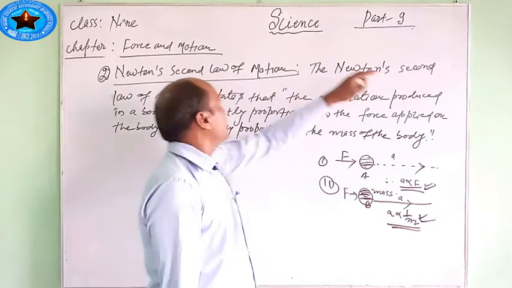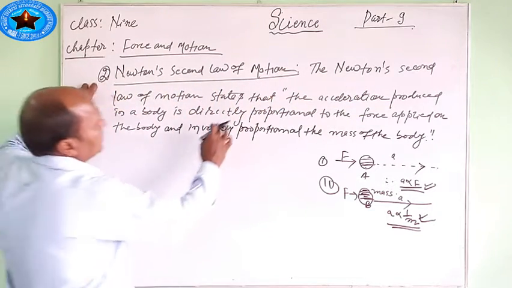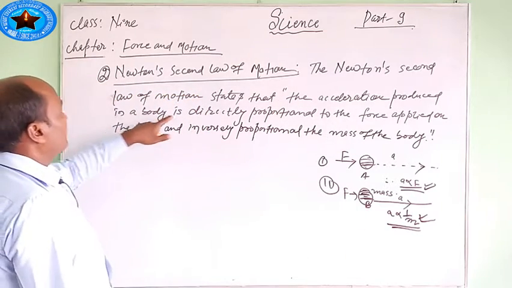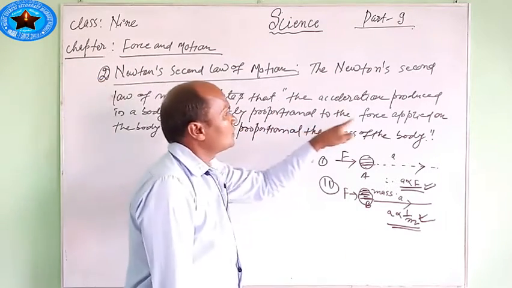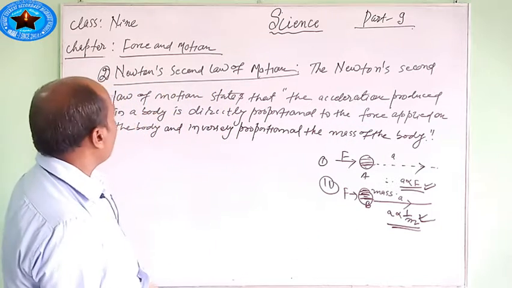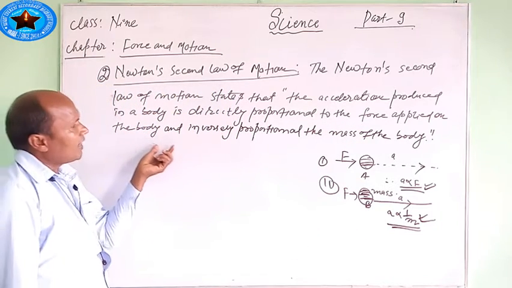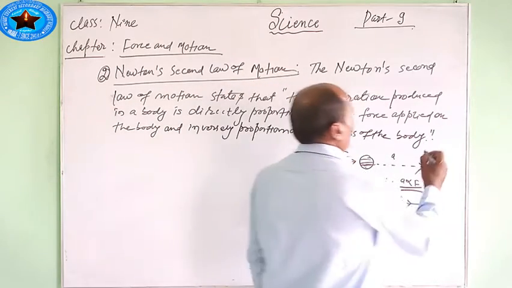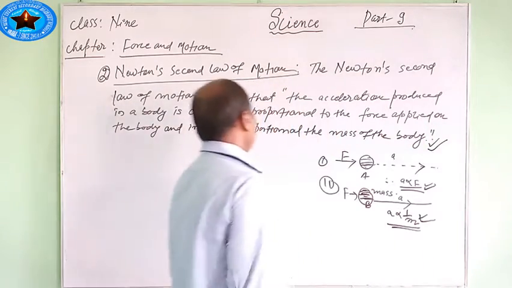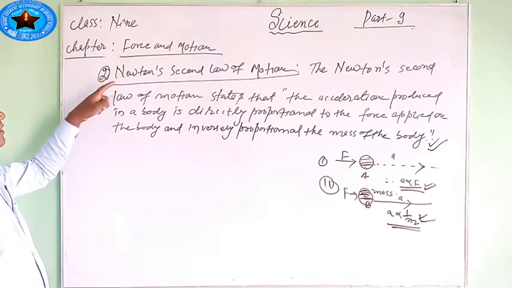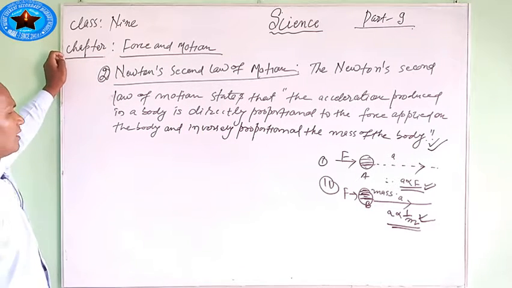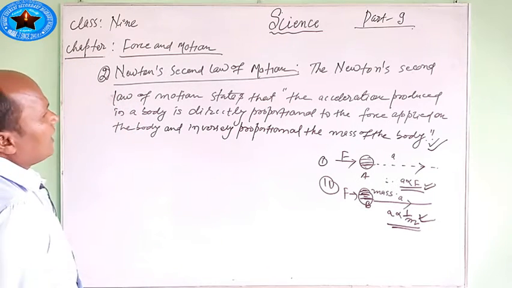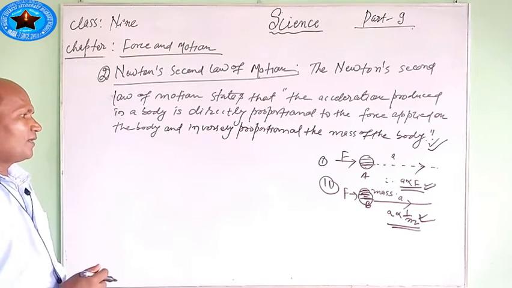Newton's second law of motion states that the acceleration produced in a body is directly proportional to the force applied on the body and inversely proportional to the mass of the body. In this way, you know about Newton's second law of motion. In other words, it is also said that F is equal to ma.